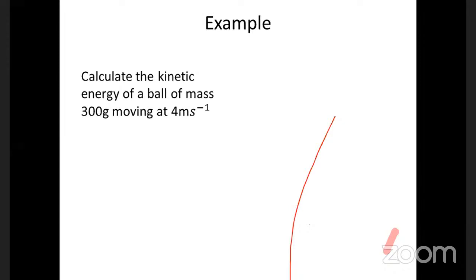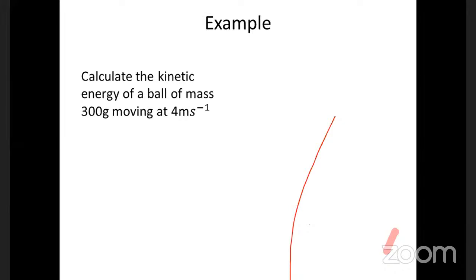What is the mass of the body? The mass of the body is, Hope, 300 divided by 1,000. Someone will be asking, why are we always dividing?